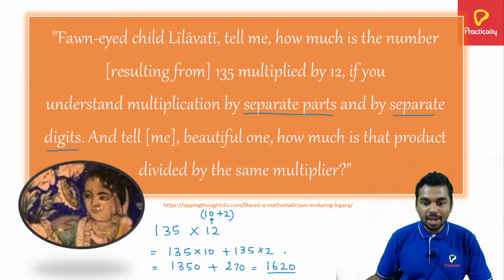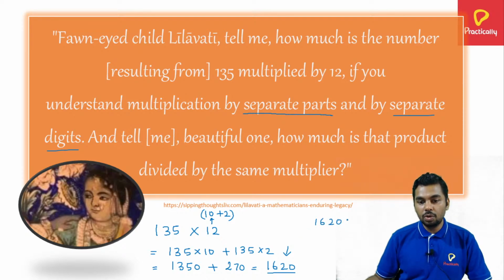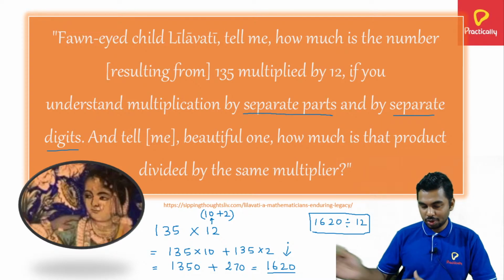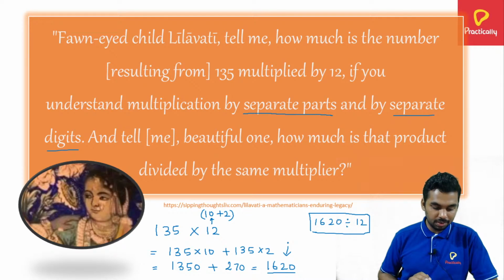So if you are given the answer 1620, you want to find what is 1620 divided by 12. So is there an easy method to find this or not? That is the question. So we will find out an easy method. So that is what we are going to learn in the next few slides.